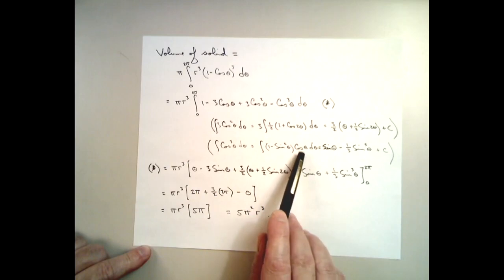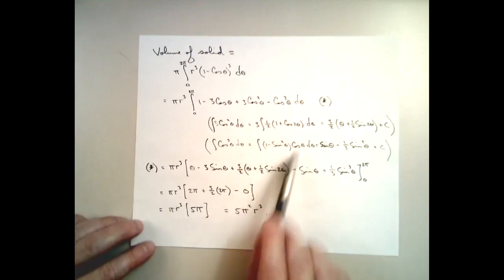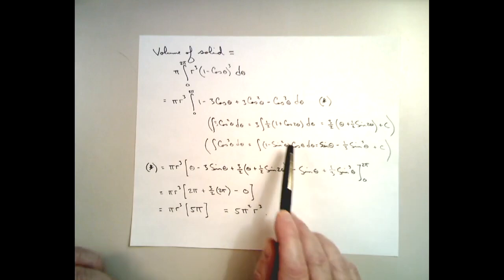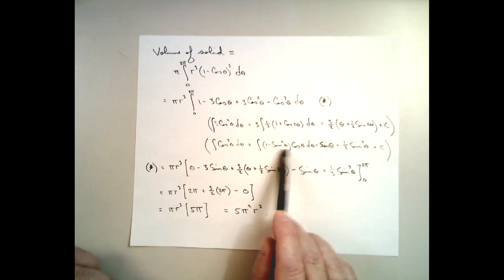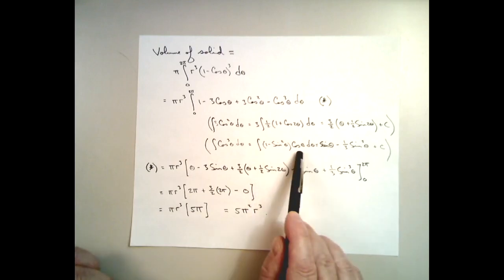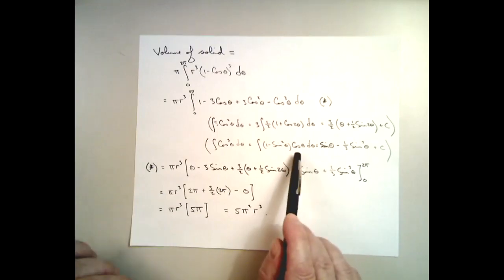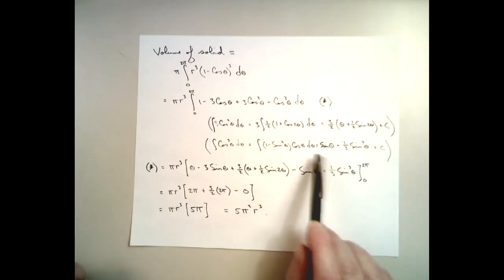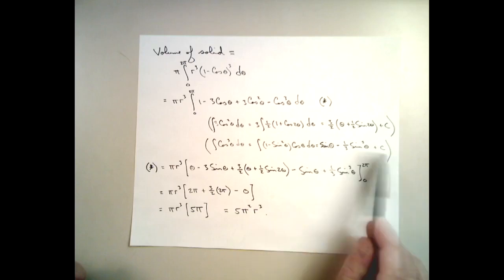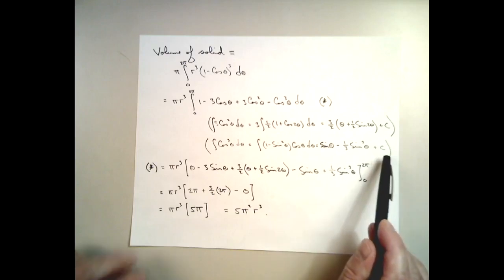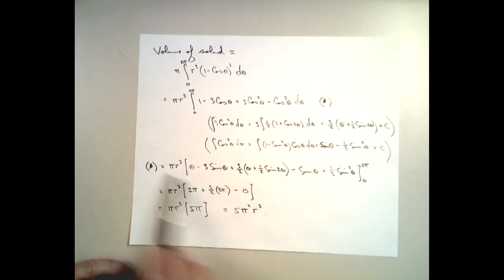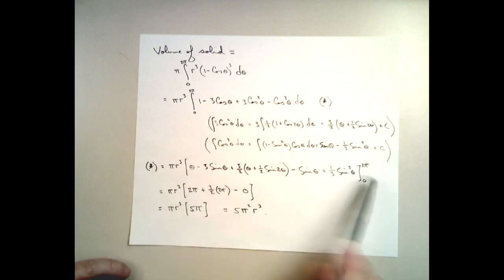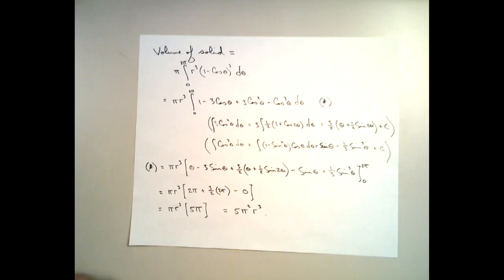We can evaluate this with a substitution by letting u be sine of theta, and then du would be cosine of theta d theta. Whenever I integrate that, this is the antiderivative that I wind up with. And so putting all this together, I wind up with the integral equaling 5 pi squared r cubed.